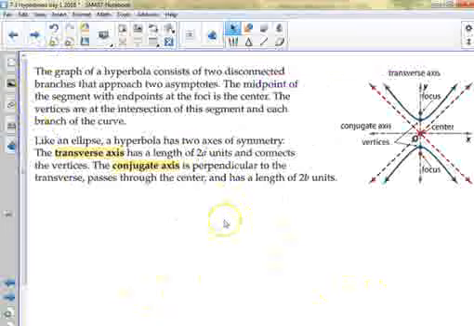All right, this is vocabulary that I think, if you look at your green sheet, is on there. I know it's on there, but it says transverse axis and conjugate axis on there. If we were drawing an ellipse, those would be the major and minor axis.